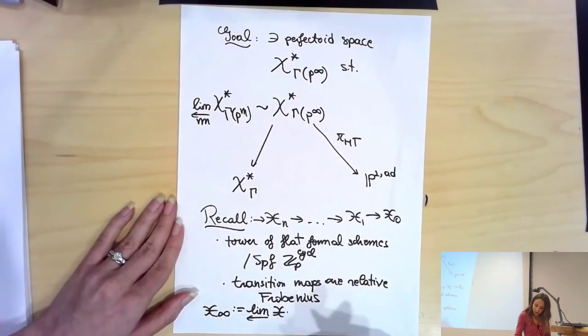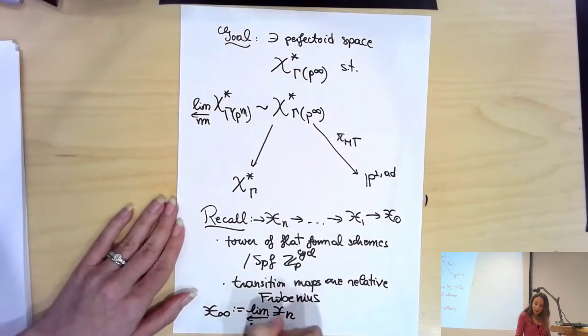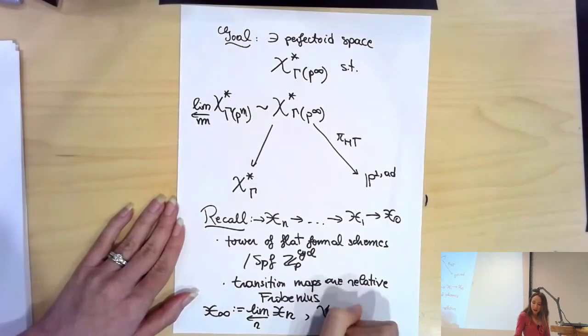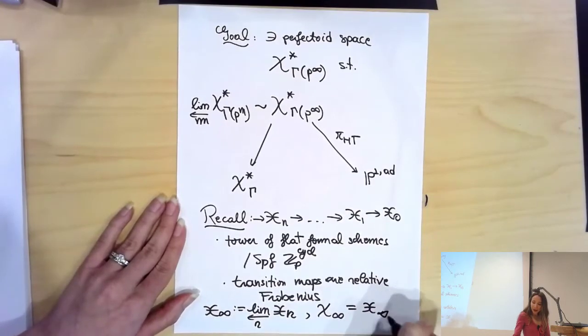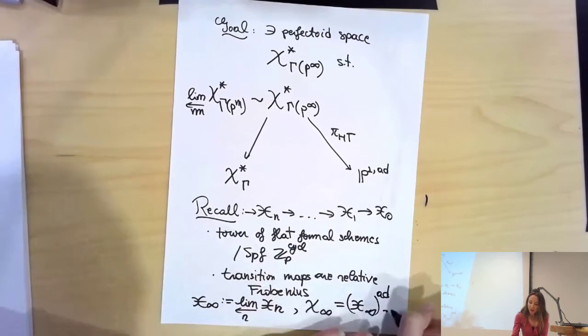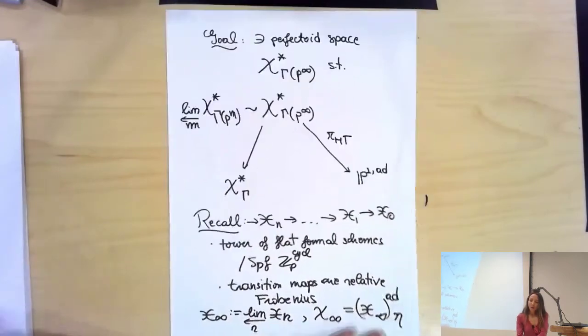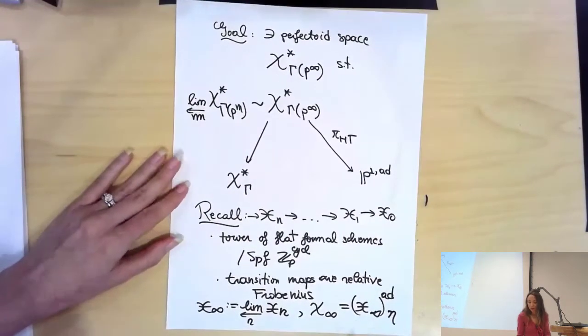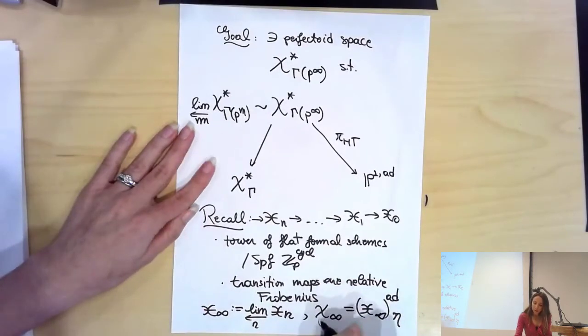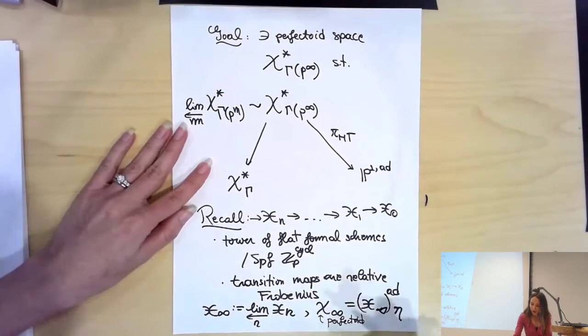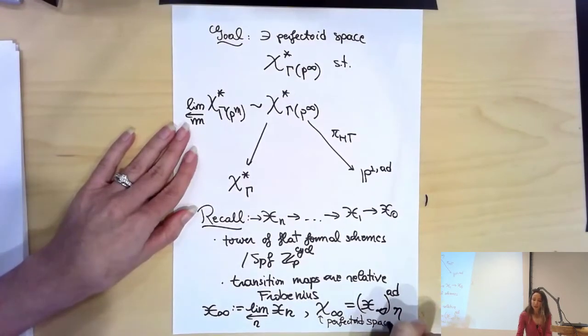That's the way Jared described it. So X_n, inverse limit over n, and then the perfectoid space X_∞ is the adic generic fiber. First you turn this formal scheme into an adic space, and then you look at the fiber over Spa Q_p cyclotomic, Z_p cyclotomic. This is the perfectoid space that you can get from this tower.